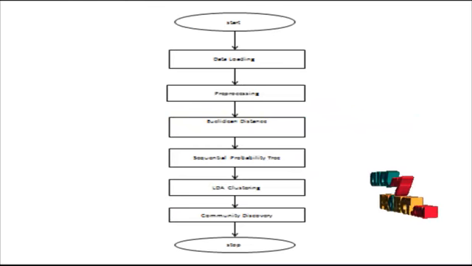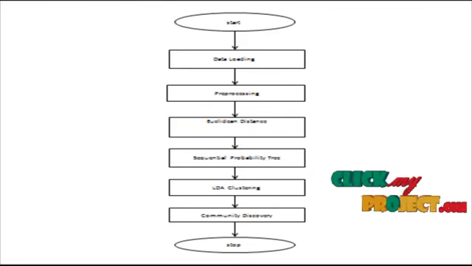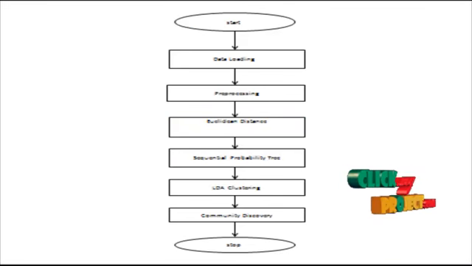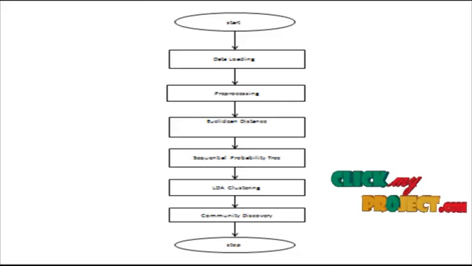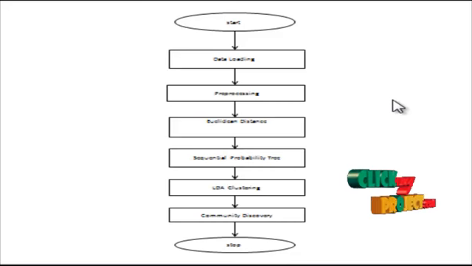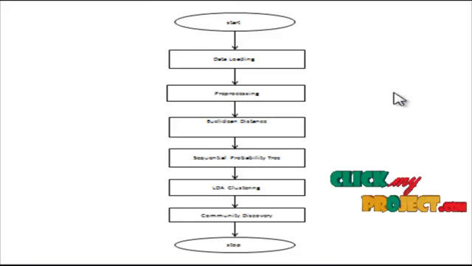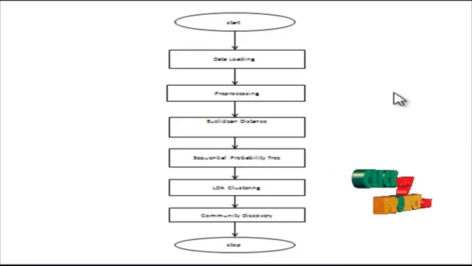Our process starts with data loading and pre-processing. In the pre-processing step, the garbage values should be removed. We have taken the census data set. After pre-processing, the Euclidean distance measure is applied to measure the distance between the data objects.